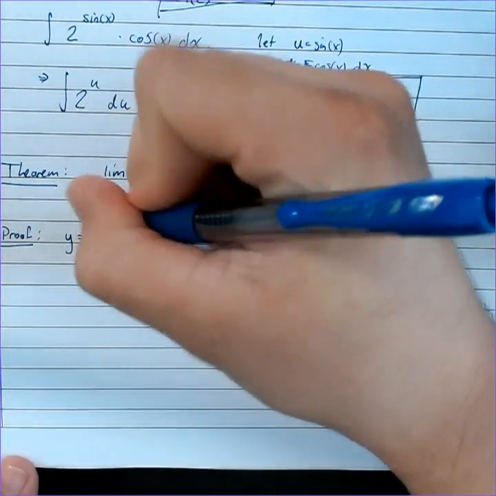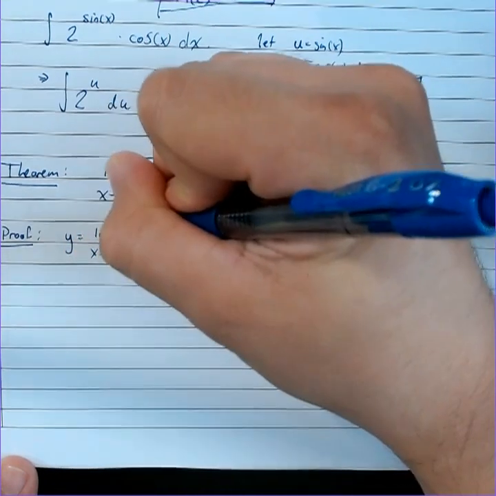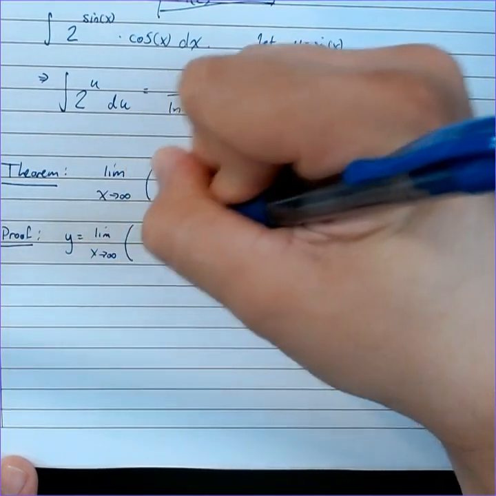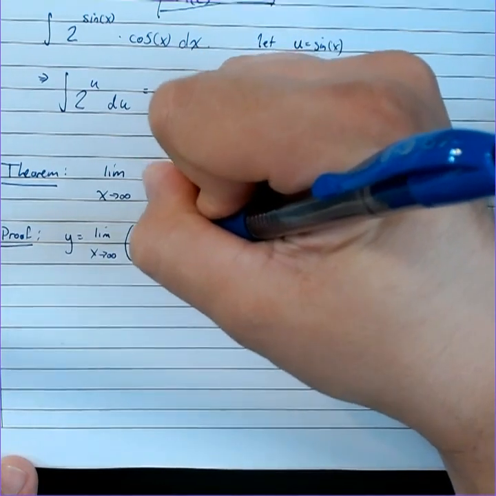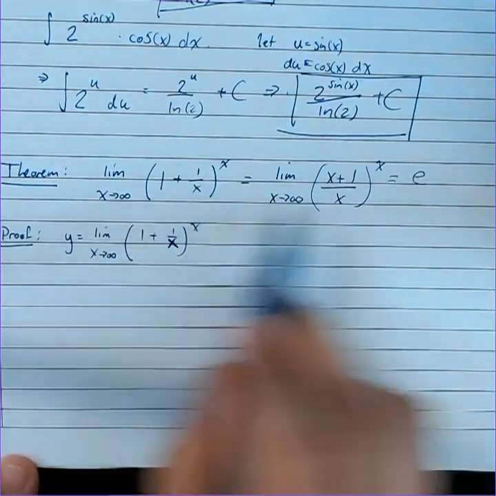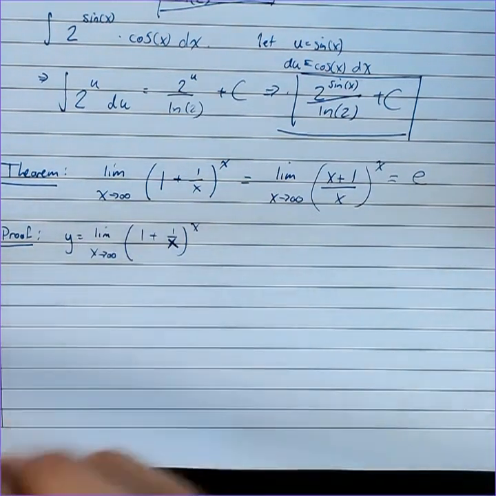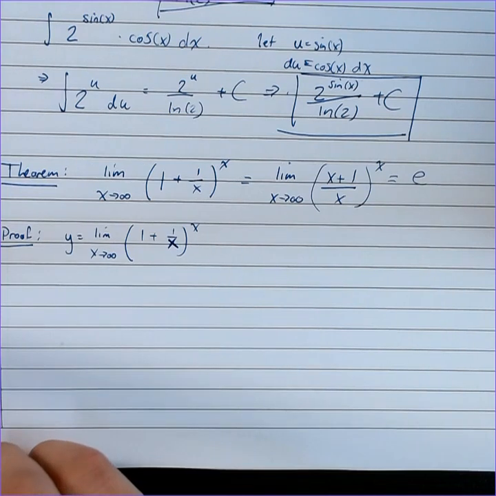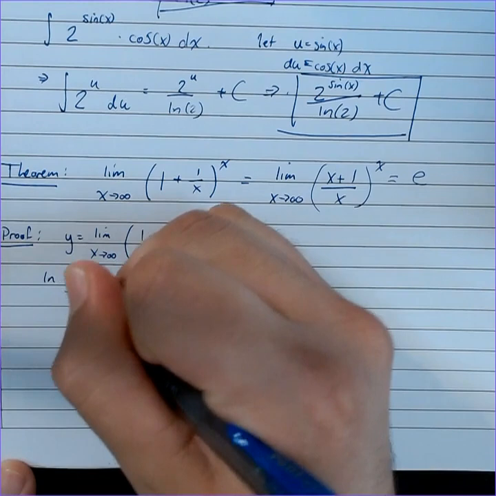So let y equal the limit as x approaches infinity of 1 plus 1 over x to the power of x. Okay? I'm going to use this form. Either one will be fine. Well now, let me take the natural logarithm of both sides of this equation. So that's going to be the natural log of y.